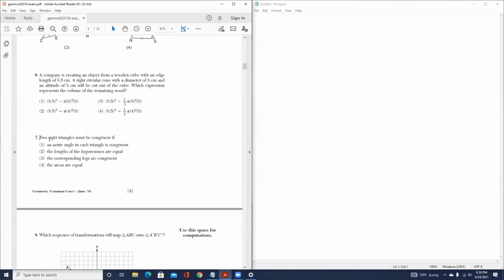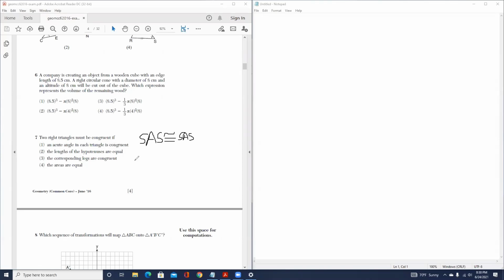Two right triangles must be congruent if... so this is a question about the properties of triangles. You know that two right triangles must be congruent if the corresponding legs are congruent because of the SAS congruence proof.